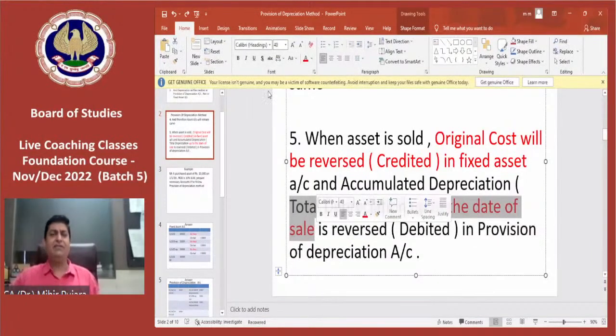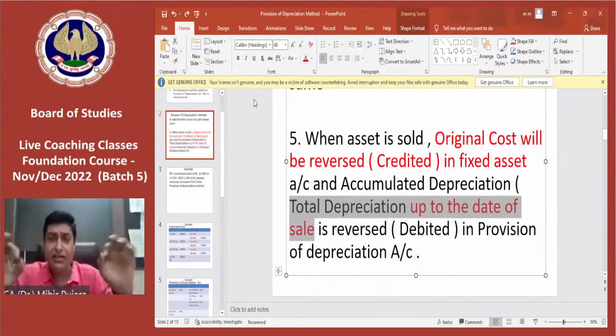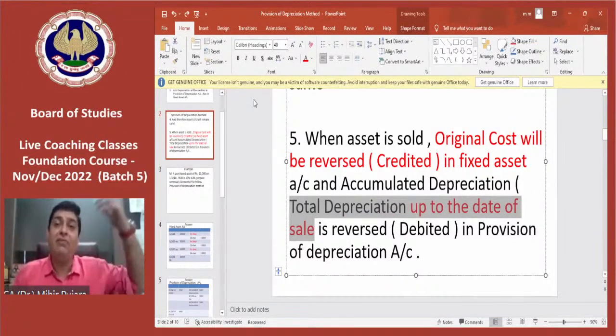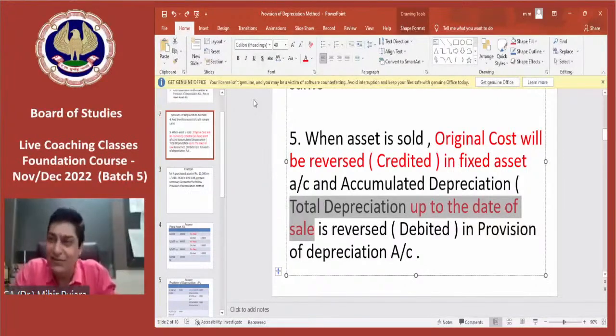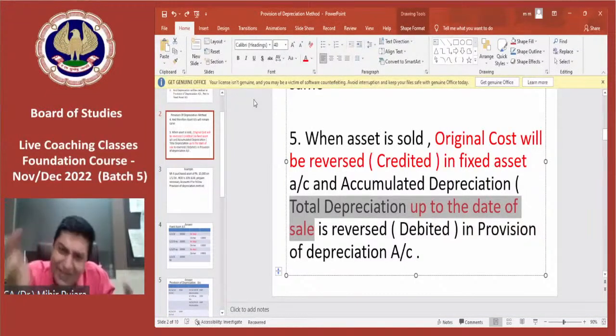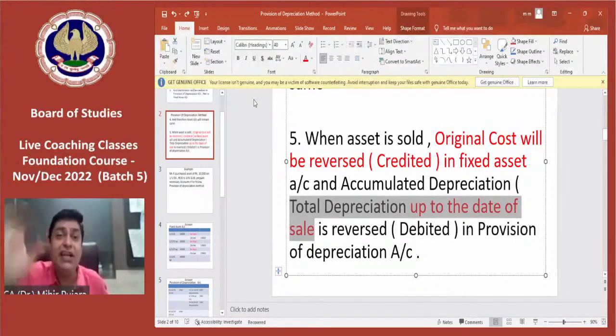Somebody asked me, sir, what is accumulated depreciation? बेटा यहां लिखा हुआ है, पिछले लेक्चर से लिखा हुआ है. अगर आपने प्रॉपर स्क्रीनशॉट लिया है तो इसी में लिखा हुआ है डियर, ब्रैकेट में लिखा हुआ है. So this is total depreciation up to the date of sale.